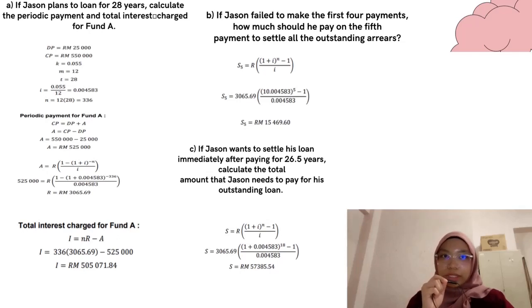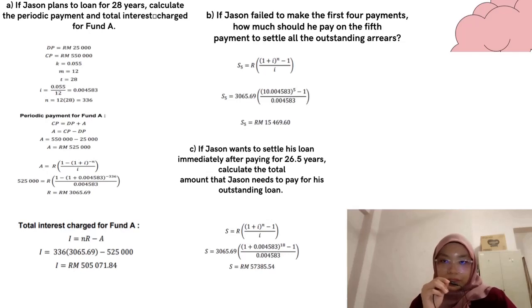For question B, if Jason failed to make the first 4 payments, how much should he pay on the 5th payment to settle all the outstanding arrears? For this question, we need to use the formula S equals R, open bracket, 1 plus i, close the bracket, to the power of n, minus 1 over i.